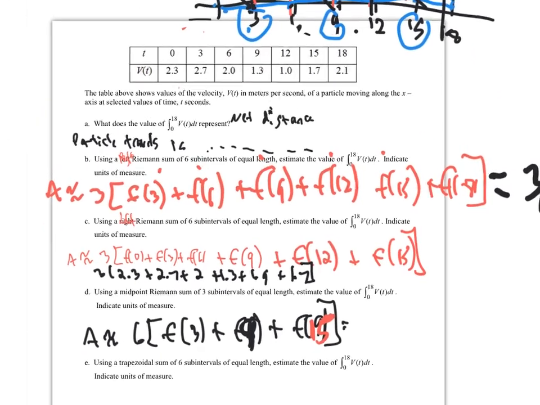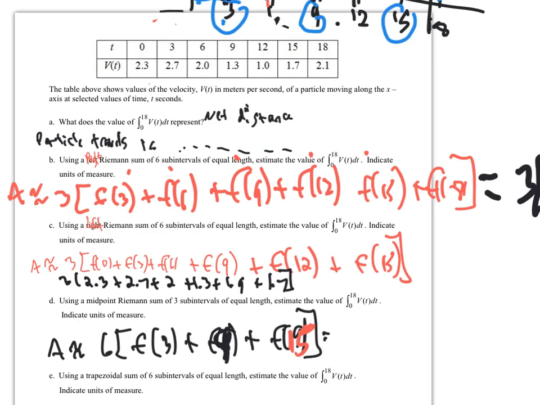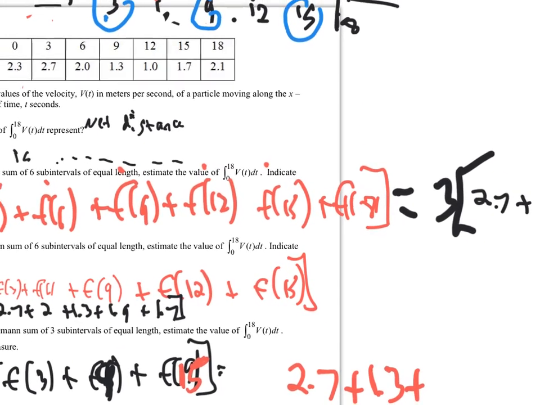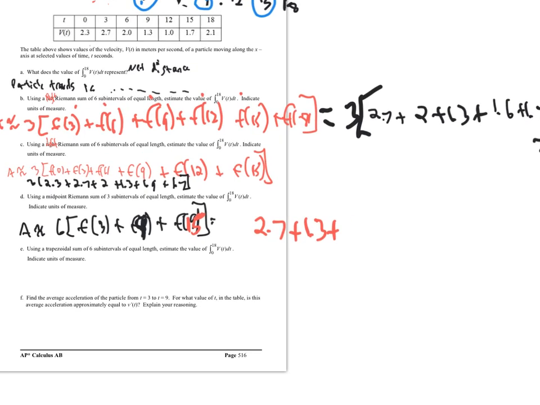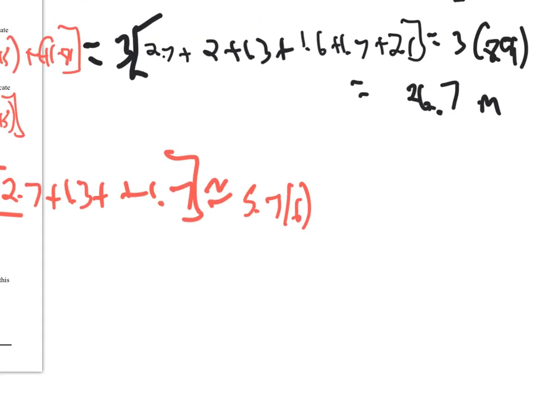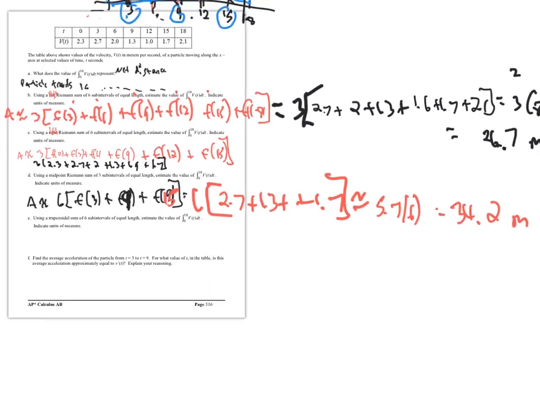I'm sorry, I circled them. 2.7 and 1.3 and then the 1.7. That sum times 6. 2.7 plus 1.3 plus 1.7 is 5.7, times 6, which is 34.2, again, meters.